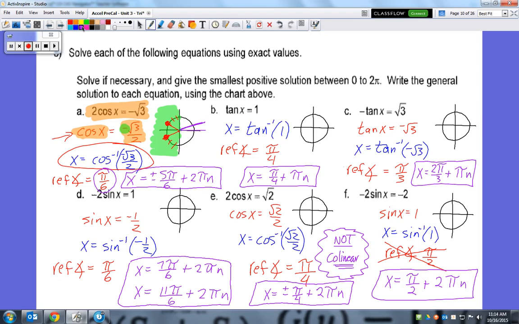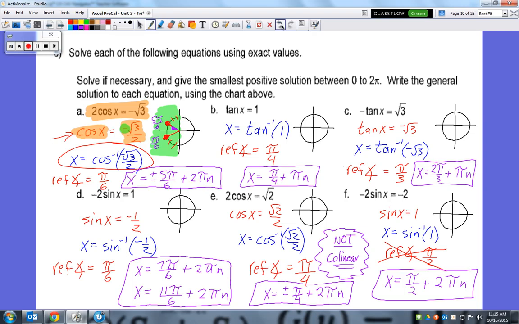That tells me that because of this reference angle being a positive pi over 6, this is going to be pi over 6. Okay, if that is confusing to you, don't use that reference triangle. Just know that this is 5 pi over 6 or 7 pi over 6.